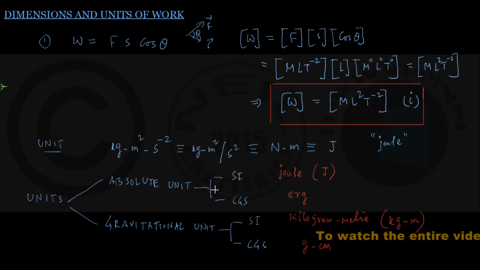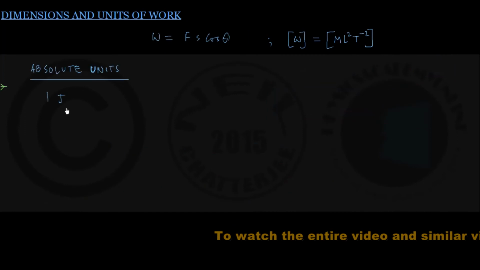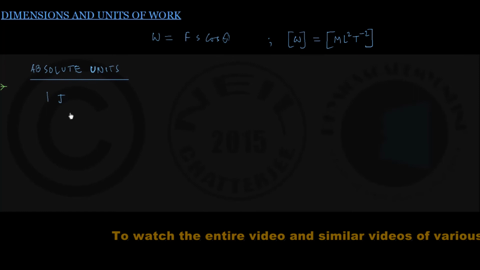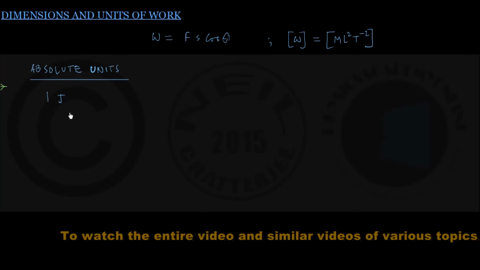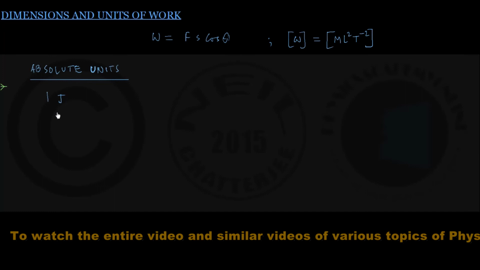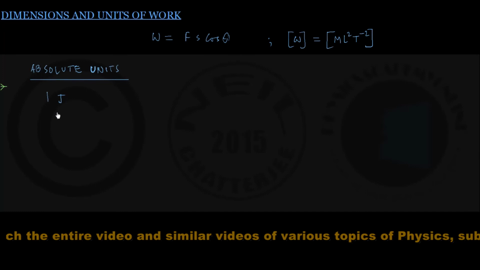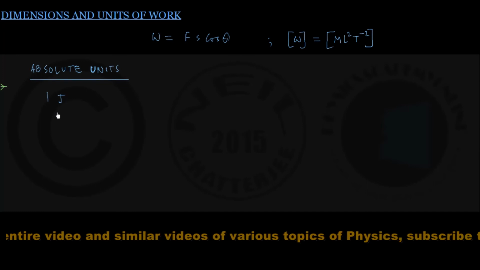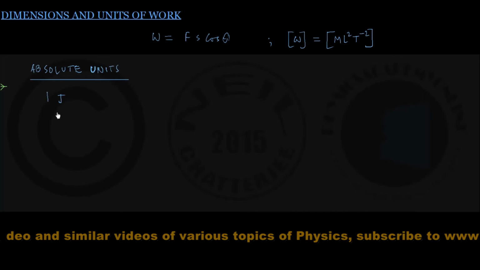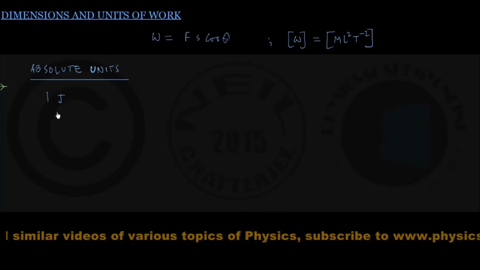So we shall define each of them one by one. Now let us see what is the meaning of 1 joule. 1 joule of work, this is the absolute unit in SI, the International System, is done when a force of 1 Newton acts on a particle to move it through a distance of 1 meter in its own direction.